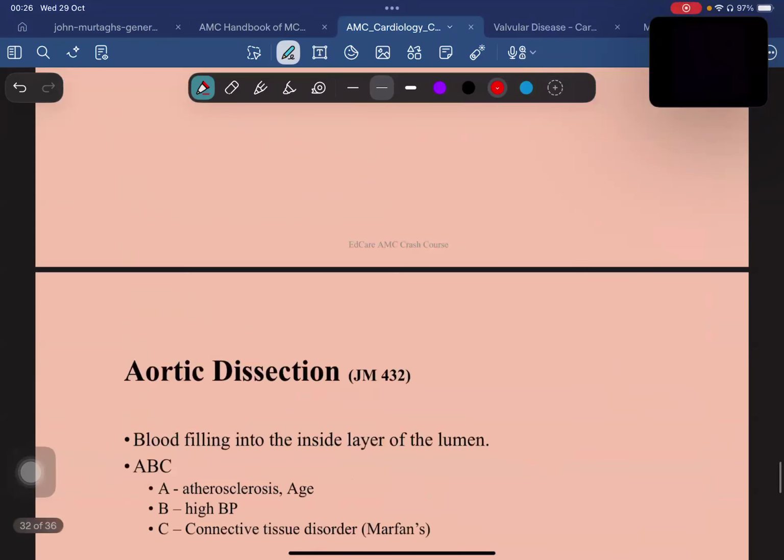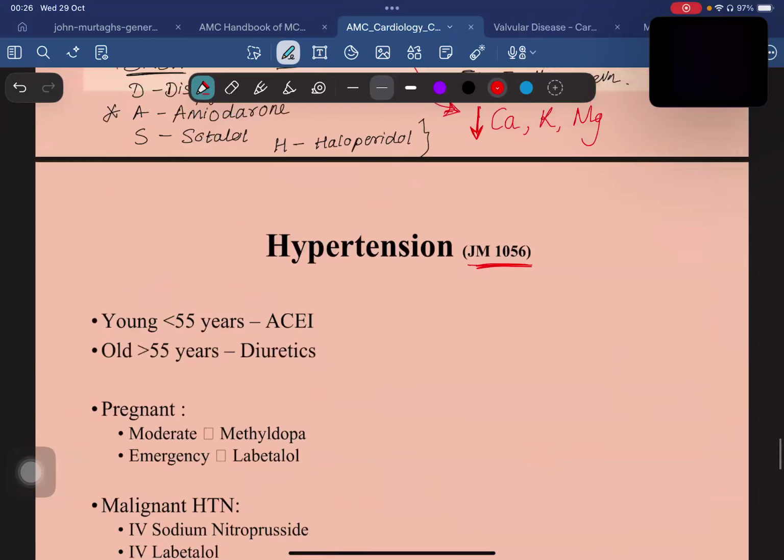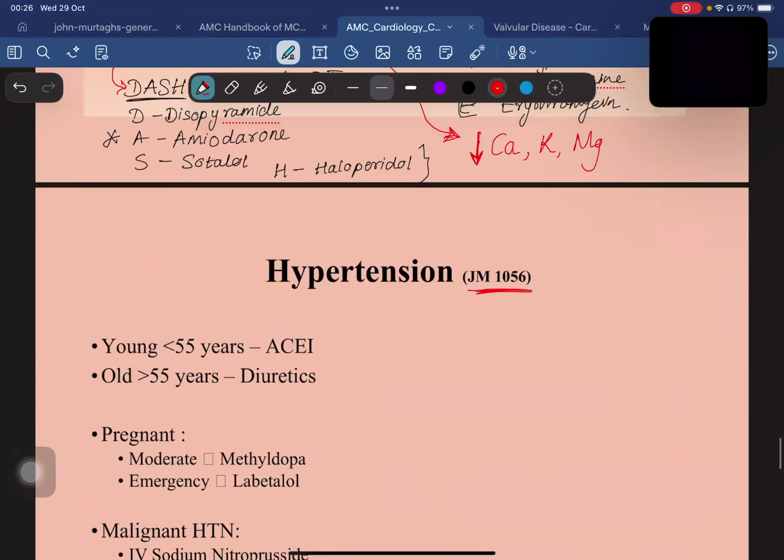So that was a pretty quick brush through the main cardiology topics. I believe we also need another little discussion. We'll try to see if we can arrange something before Saturday.